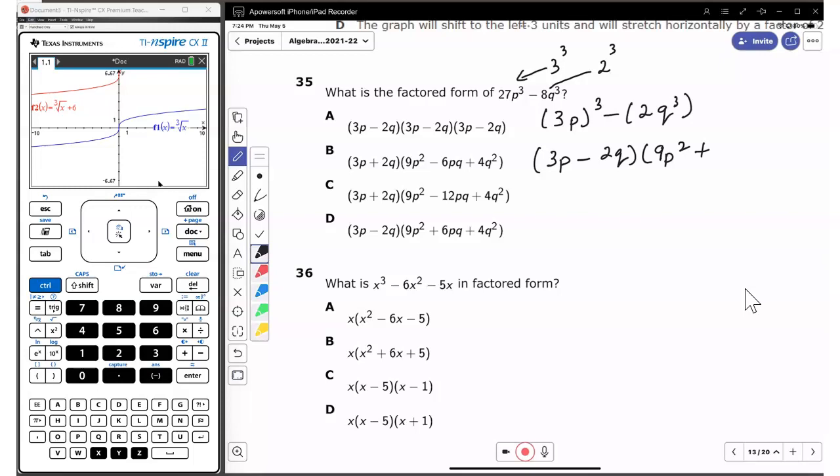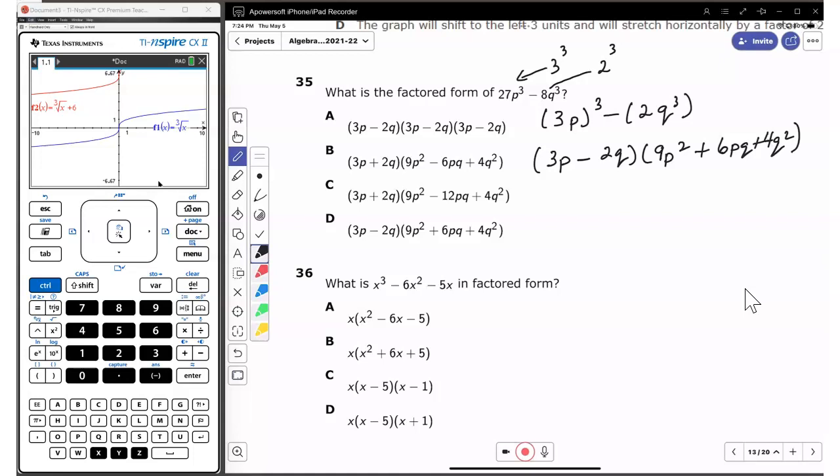So it's going to be 3 times 2, which gives us 6pq. And then the last term, it's going to be -2q to the second power. So that's going to be 4q squared.